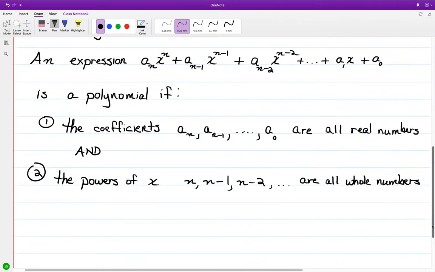And what I mean by whole numbers, for the set of whole numbers, those will be counting numbers beginning with 0.